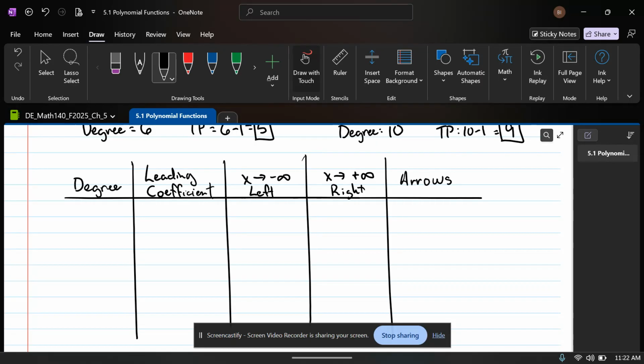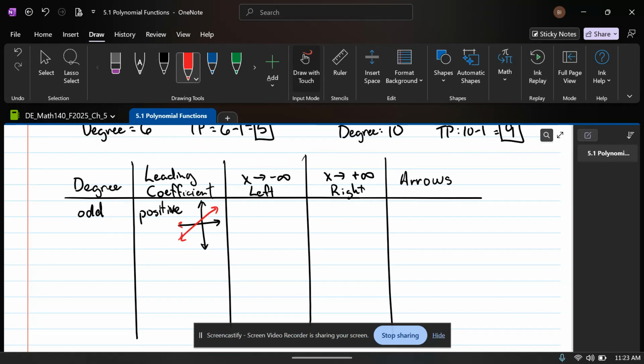Okay? If the degree is odd and the leading coefficient is positive, it's going to act like the graph of a line with a positive slope. There we go. Line with a positive slope.